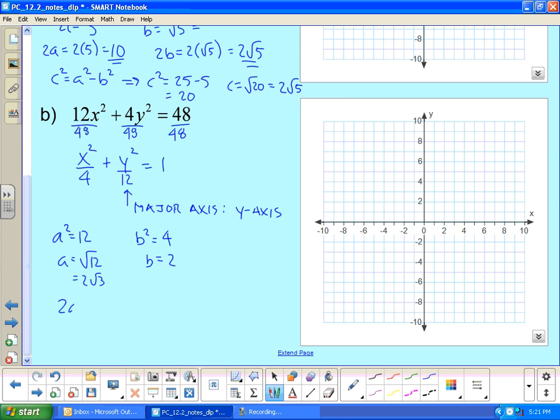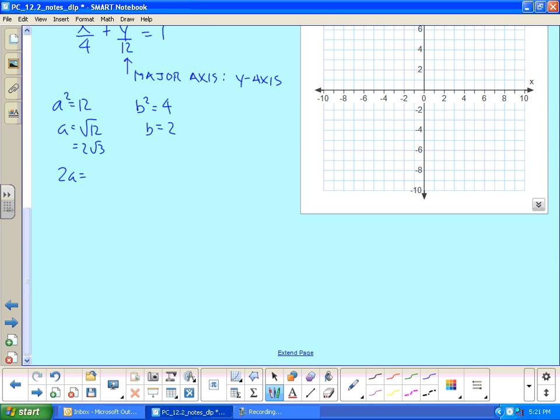Now I can go find my major axis length and my minor axis length. So twice a is 2 times 2 root 3, or 4 root 3. Twice b is 2 times 2, or 4. All right, major axis, minor axis.